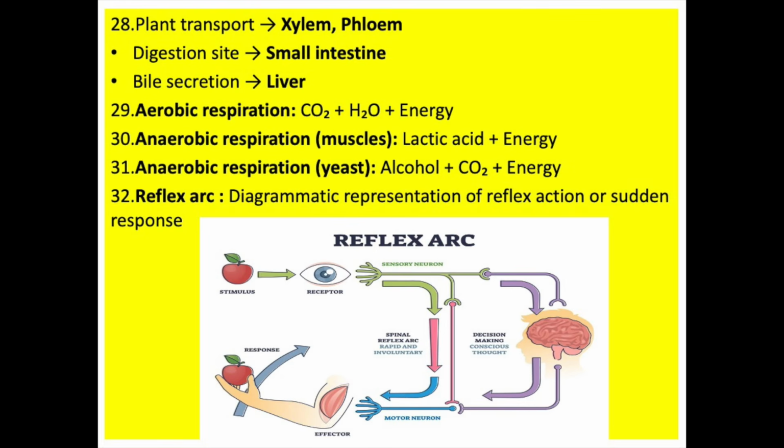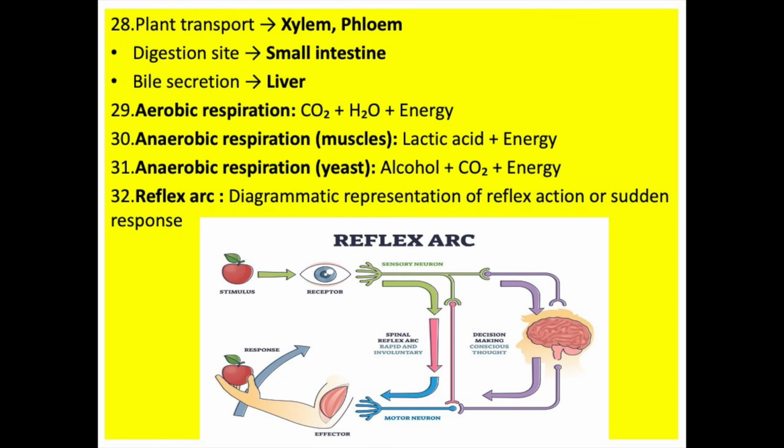The next topic is reflex arc. Reflex arcs are basically quick automatic responses, or the diagrammatic representation of reflex action or sudden response. You can see this reflex arc in the given picture.